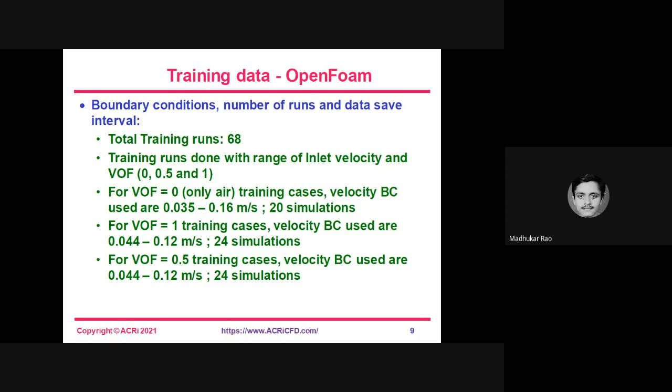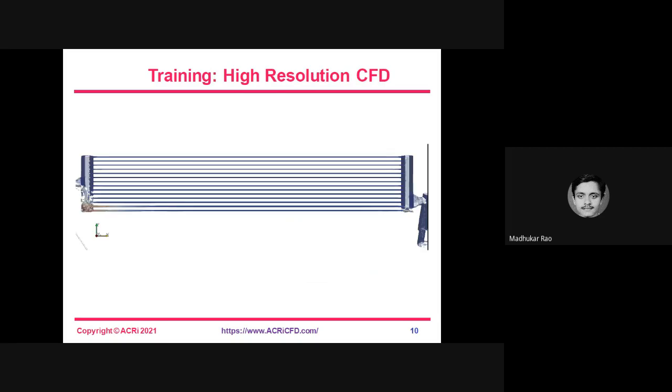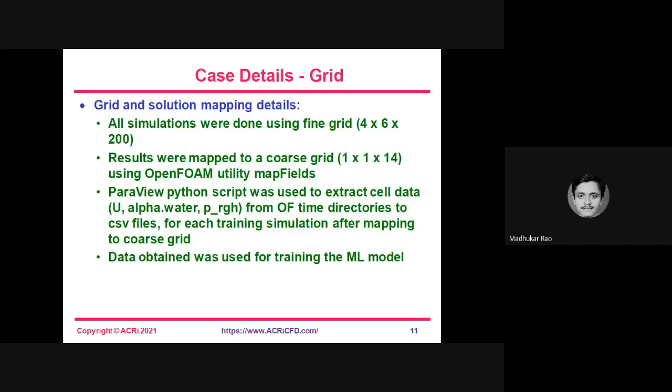So I had to again do stratified simulations with only air, only water, with incoming VOF set to 0.5 and so on. So this was my basic model that I used to validate my training of the LSTM. And if we have time, I'll show a brief early simulation to show that.